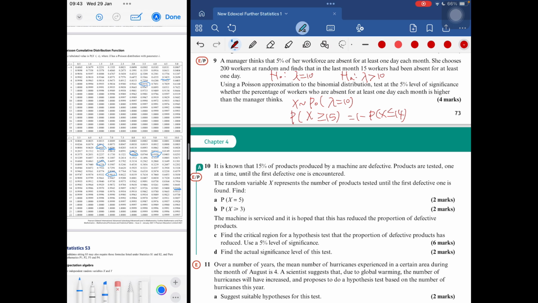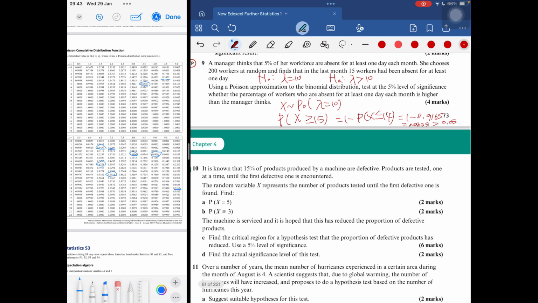So 1 minus 0.9165, which is 0.0835, larger than 0.05. So we fail to reject H0. Again, we failed. So there is no sufficient evidence to claim that the percentage of workers who are absent for at least 1 day each month is higher than the manager thinks.